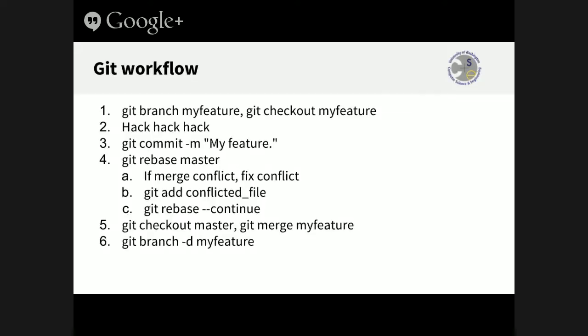Now you can have conflicts because things might have changed. So if you have a conflict, then fix them, and then eventually, when you're satisfied, and you've rebased on top of master again, you can check out master and then merge your feature in. And then when you're done, you can delete your branch because you don't need it anymore.